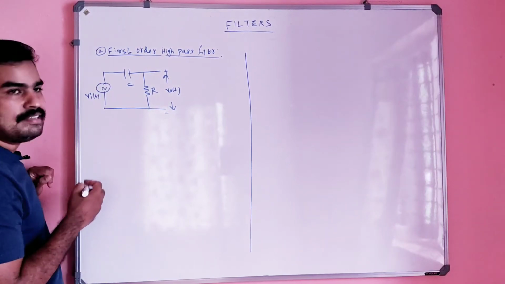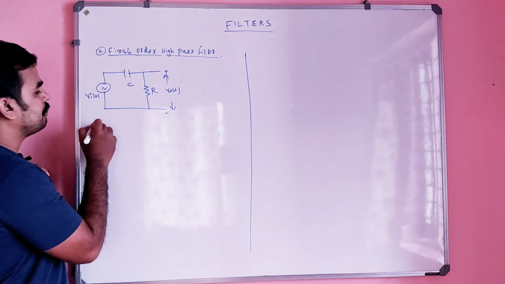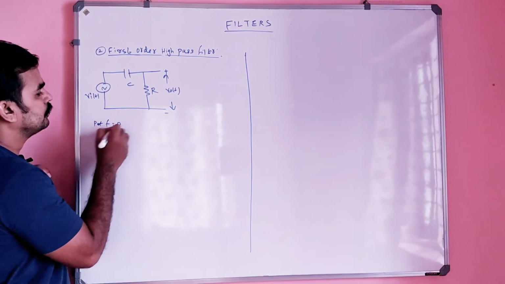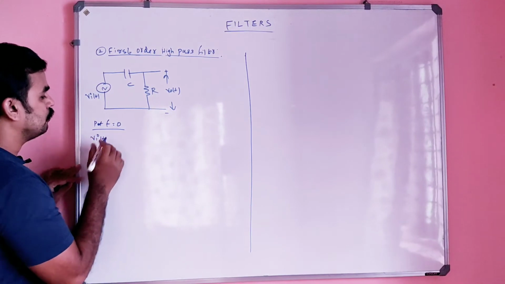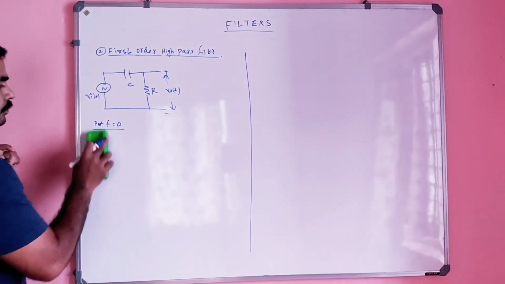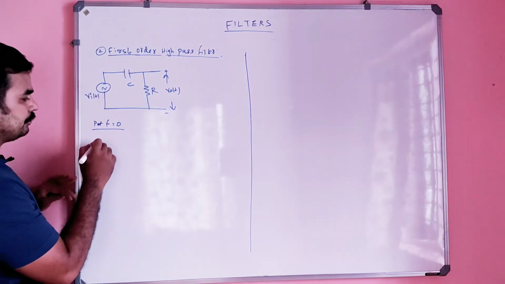See, you can directly check whether it is high pass or not. We can check simply. Put f equal to 0. What will be the diagram? Let's see that.